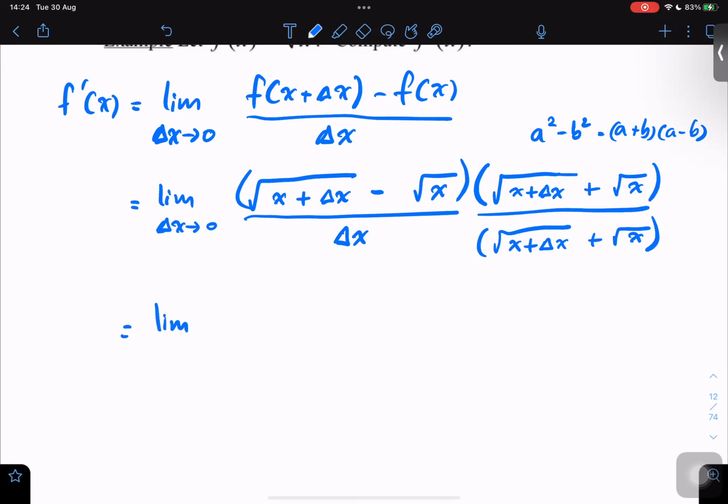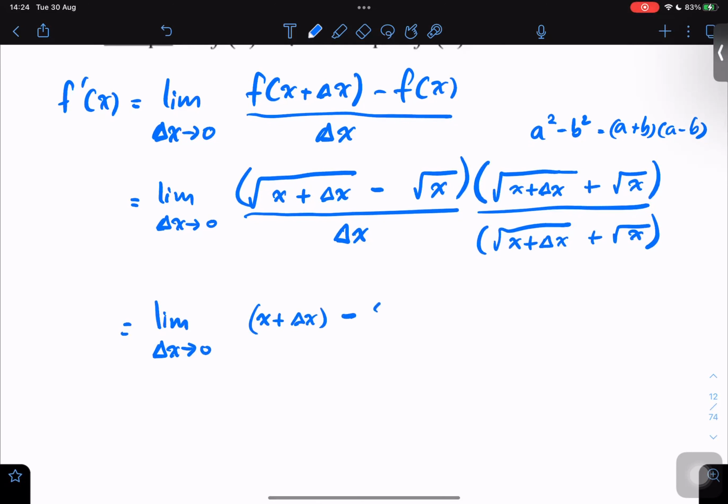So the limit will become x plus delta x minus x. Is it clear here? This is a, and this is b.